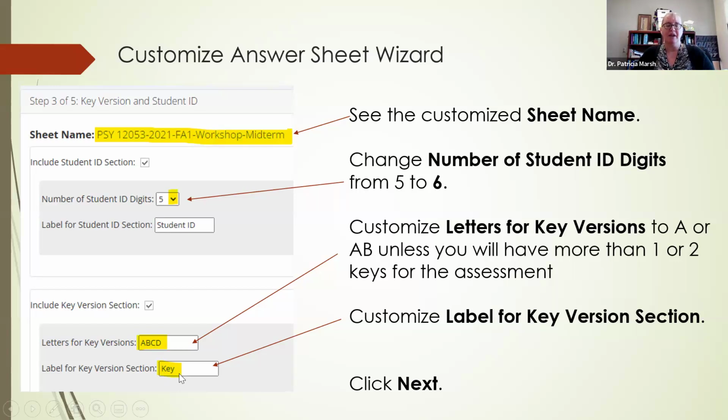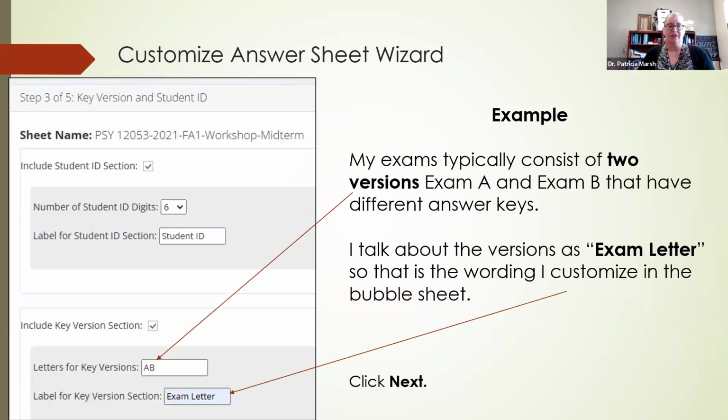And then the bottom here is what you want to call it, to remind students to fill it out. So here's an example of what one of my typical bubble sheets will look like. I've got 6 digits, I've got 2 forms, and I call it exam letter because that's what I print in the Word file.